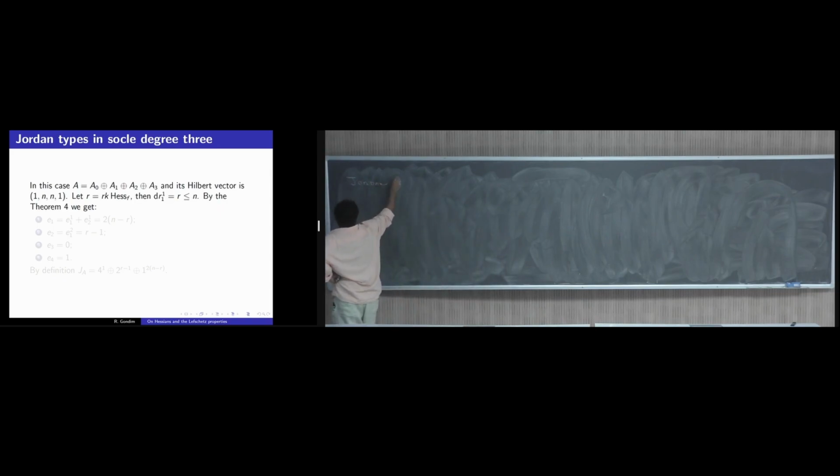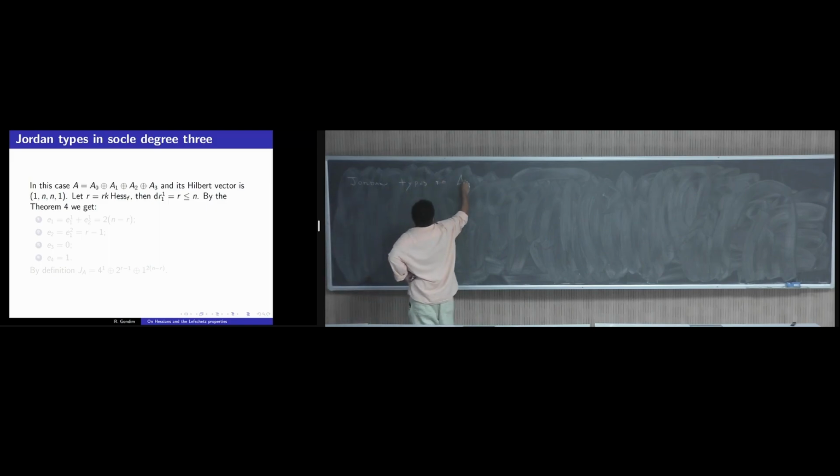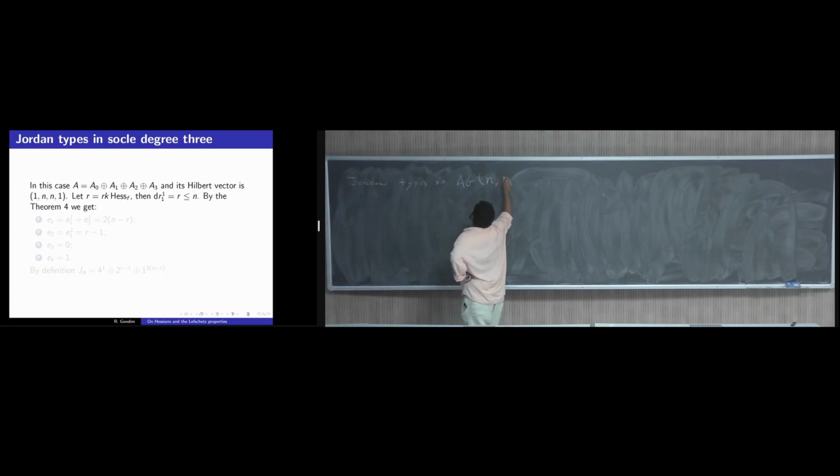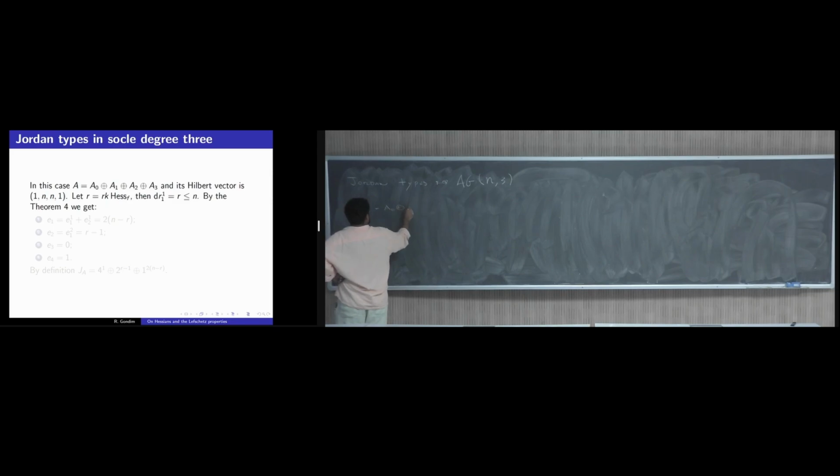Jordan types for Artinian Gorenstein algebras of codimension n, so-called degree 3. The Hilbert vector of A is 1, n, n, 1.